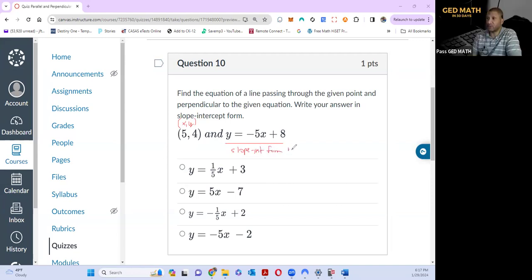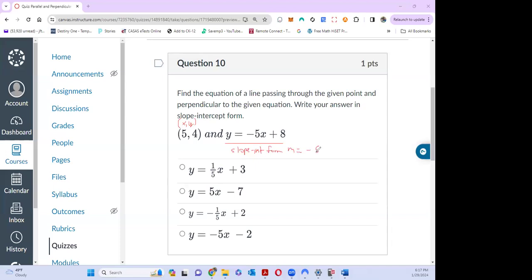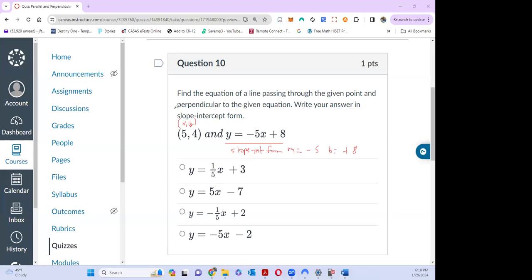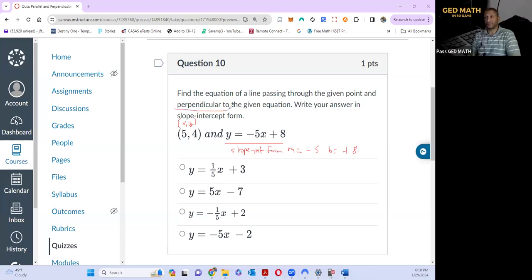My slope of this equation is what? -5. My y-intercept is what? 8. Okay. Now, what do they want? So this is what's given. This is what I know. The second thing I want to know is what they want. They want to find an equation of a line passing through the given point and perpendicular.